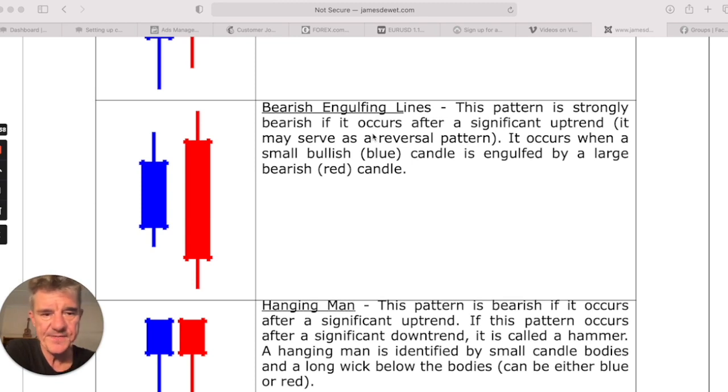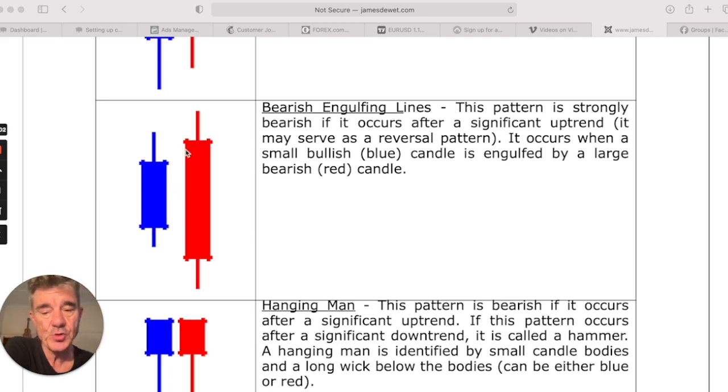Yes, we want a significant uptrend, but we also want this pattern to occur at a point on the chart where we have a confluence of various indicators. Once again, horizontal lines, support and resistance, Fibonacci lines, overbought or oversold stochastic, Bollinger Bands, and all that sort of thing. So this is a reversal pattern.